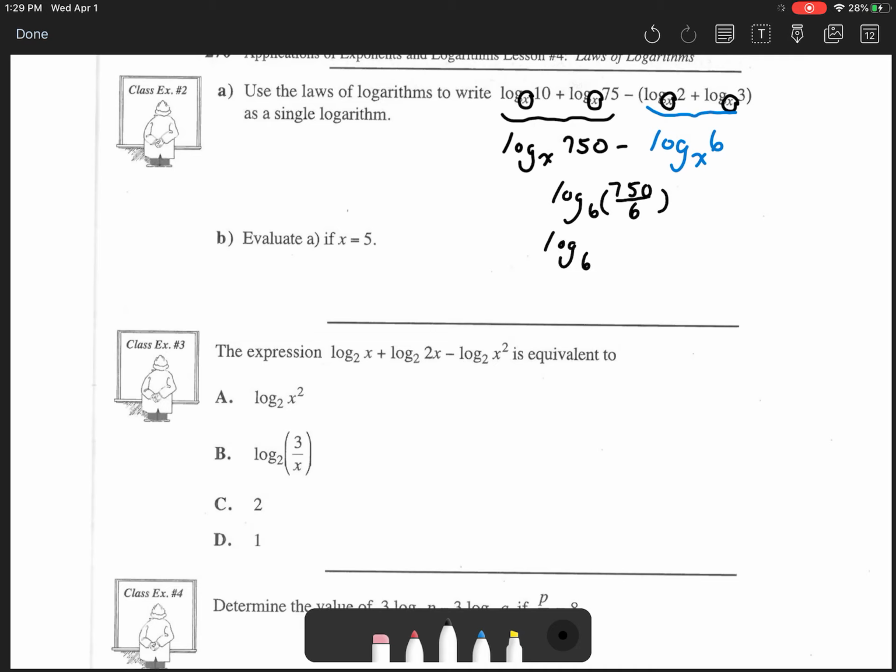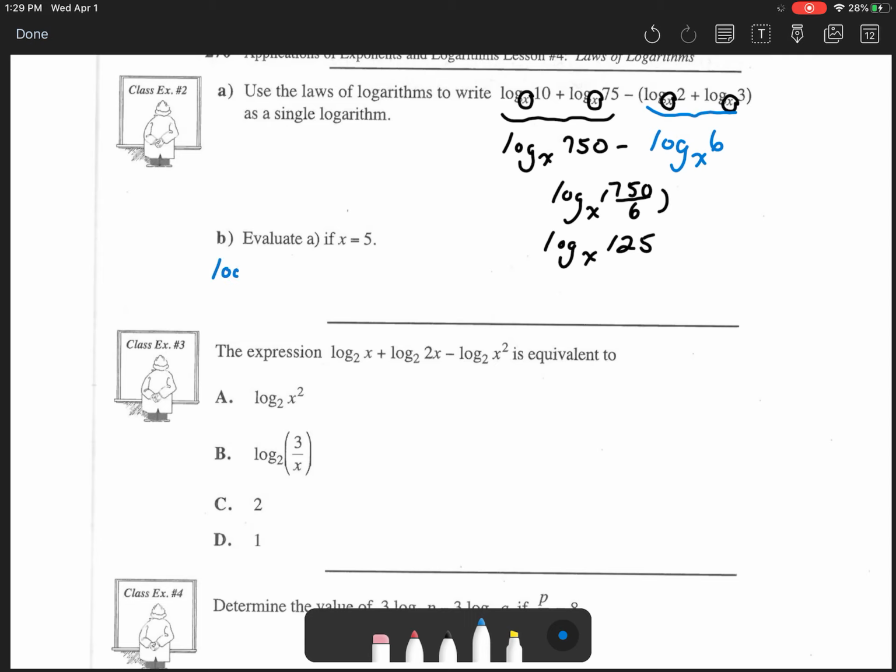And when you do that division, you will get log base x of 125. And there you did. You wrote it as what they asked you to do, as a single logarithm. Oops, sorry you guys, I didn't even realize I was writing log base 6 there. This is just supposed to be an x, so just change those to x's. My apologies. Now, part B says evaluate if x is equal to 5.